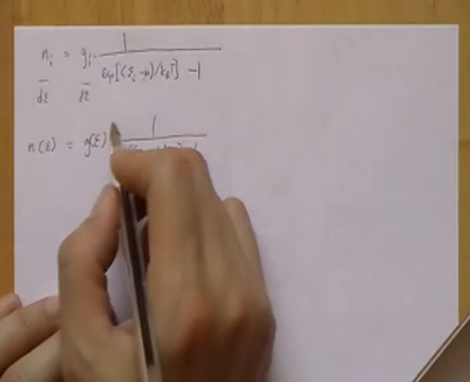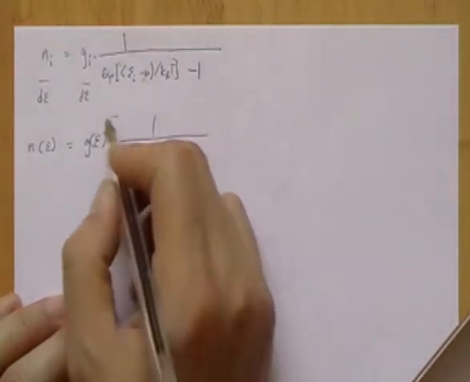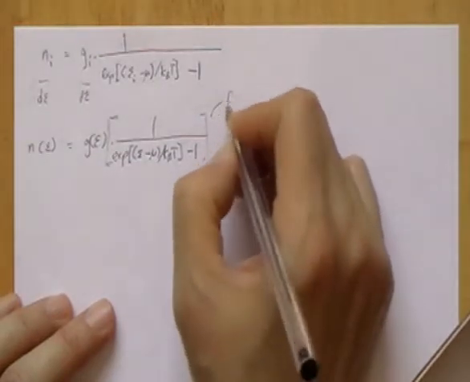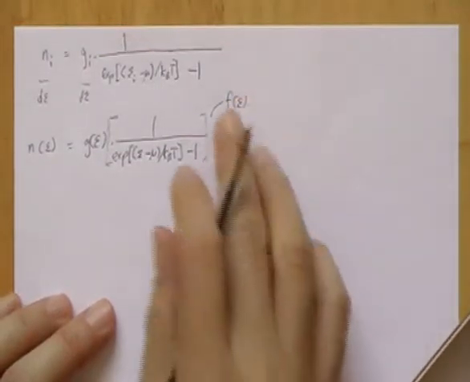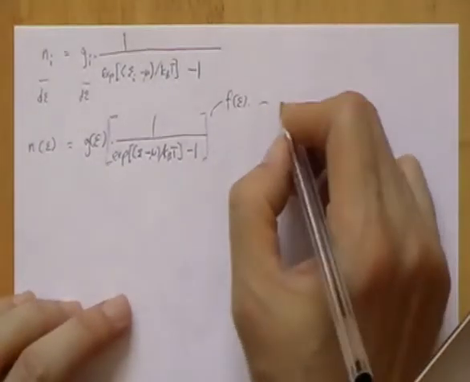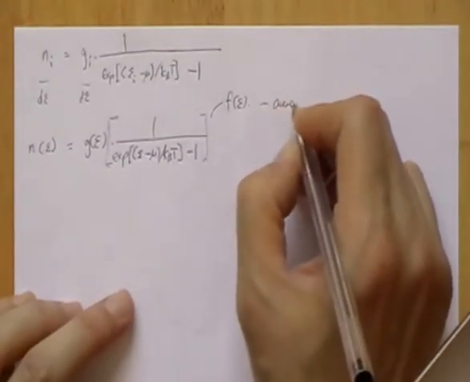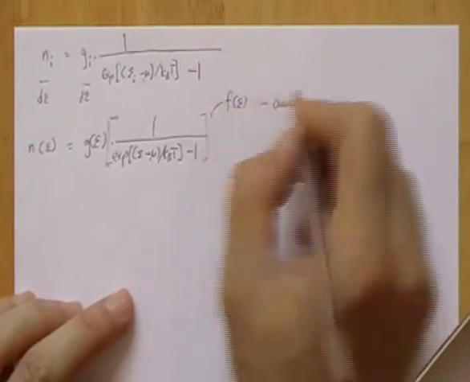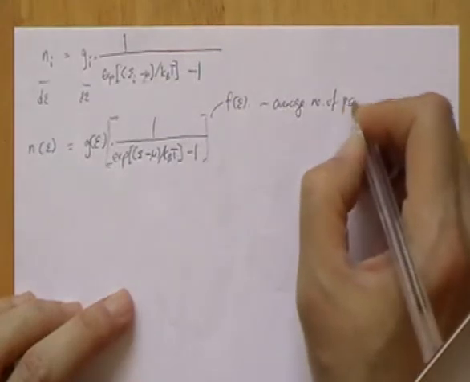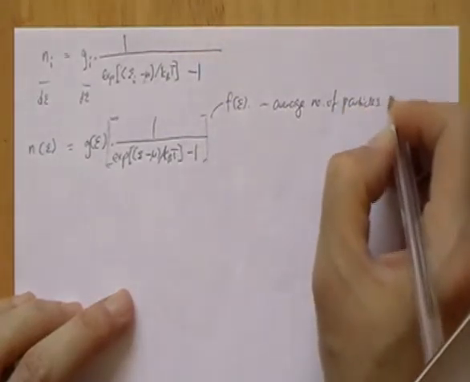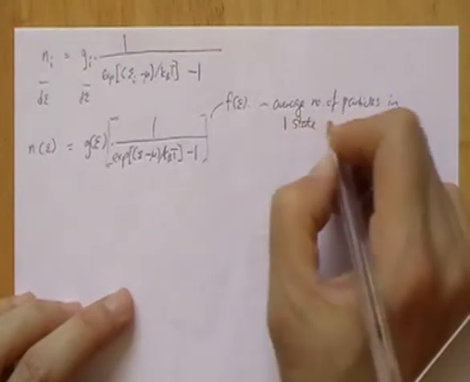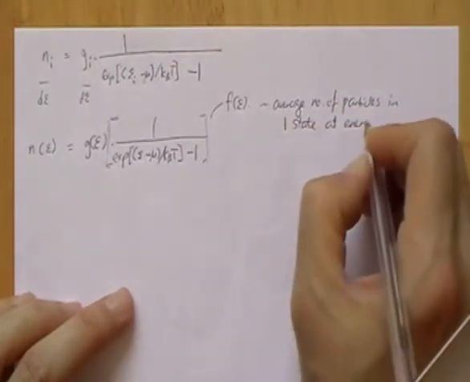And this lot here corresponds to the function F(E) that we have seen before, which is physically the average number of particles in one state at energy E.